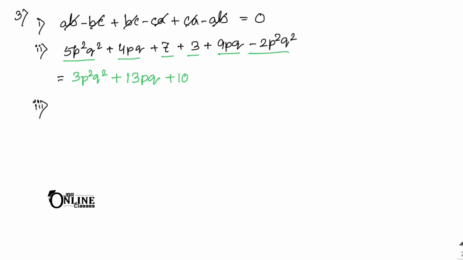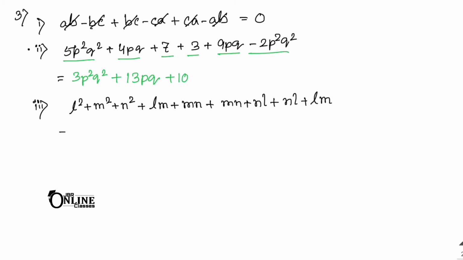Now sum number 3. So here in sum number 3, l square m square plus n square. Then lm plus mn, and then last one here mn plus nl, and again nl plus lm. So write down here l square m square plus n square.